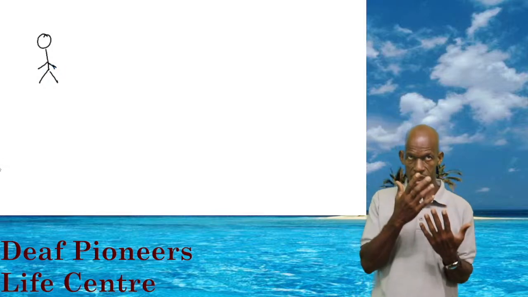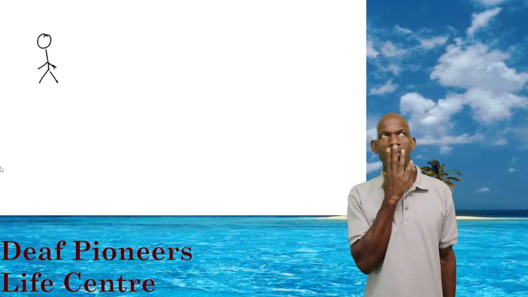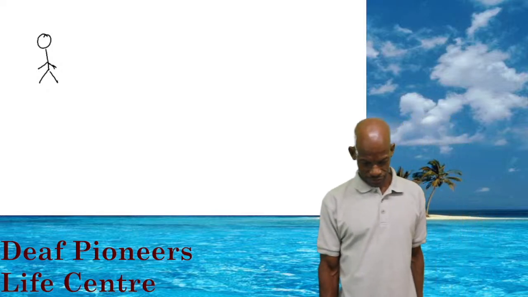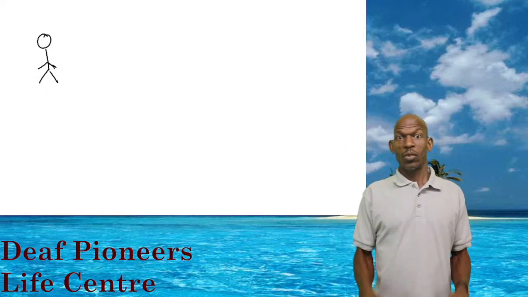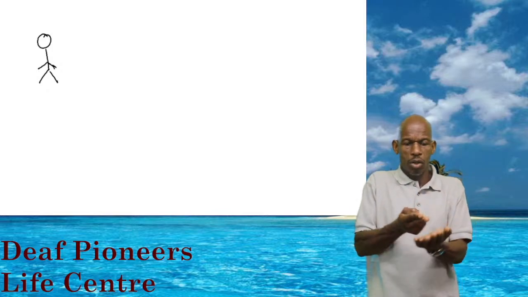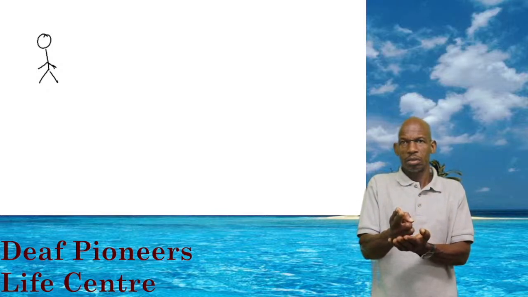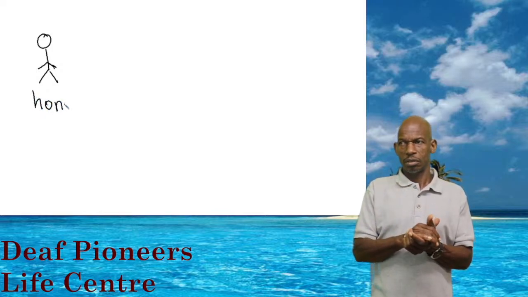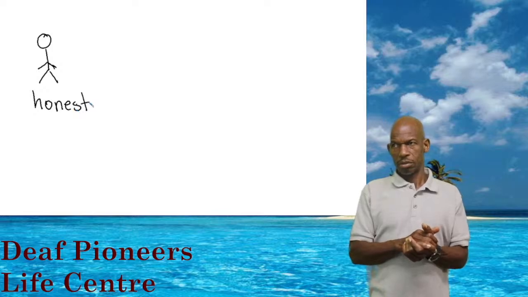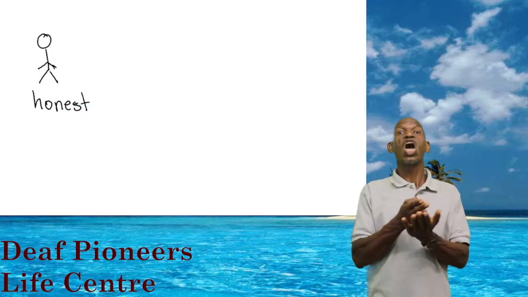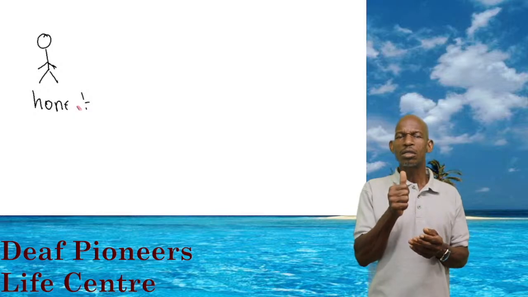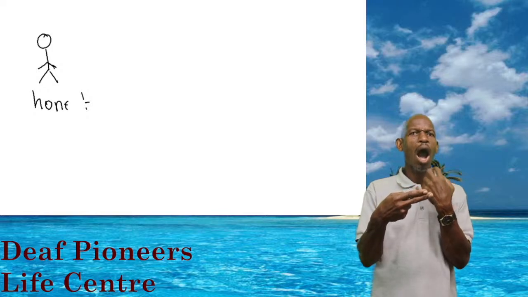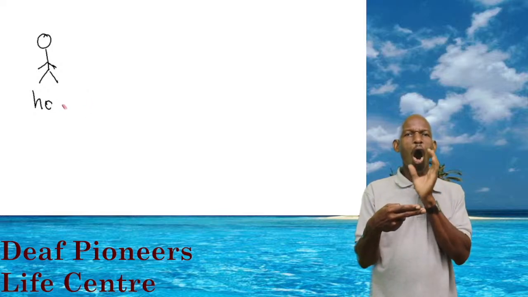We can say this man is honest, and we know the sign for honest, but we don't know how this word sounds. We can say this man is honest. He is honest. But when I say that word honest, I am hearing the O sound. I am hearing the O sound when I'm just trying to write.